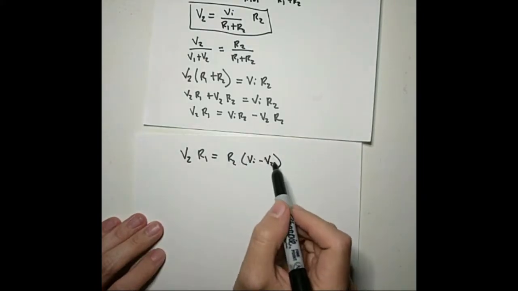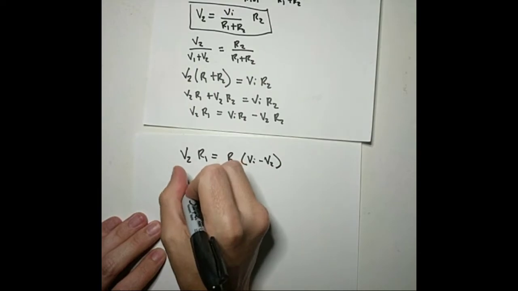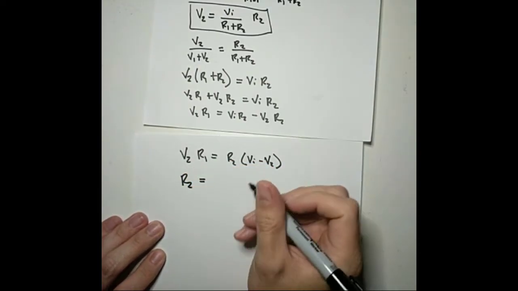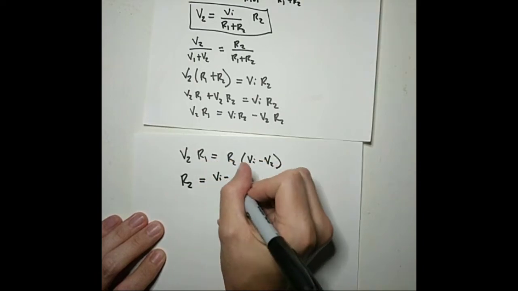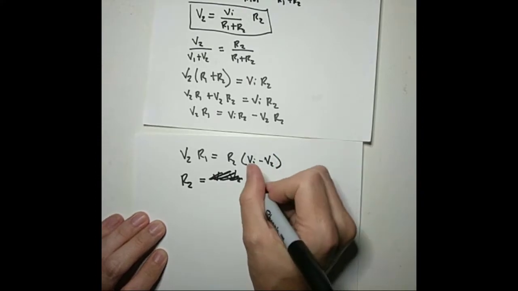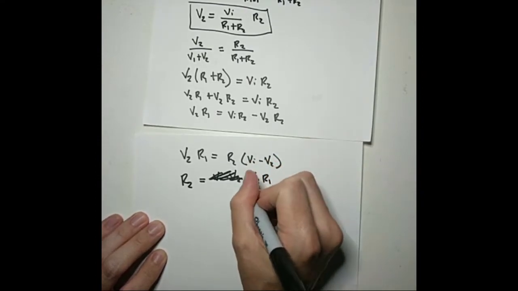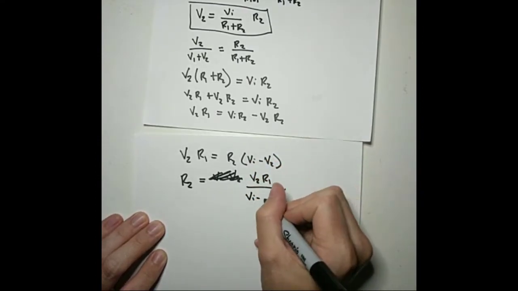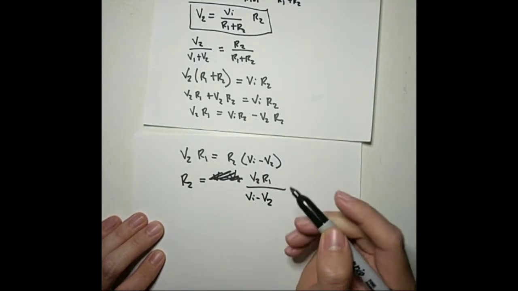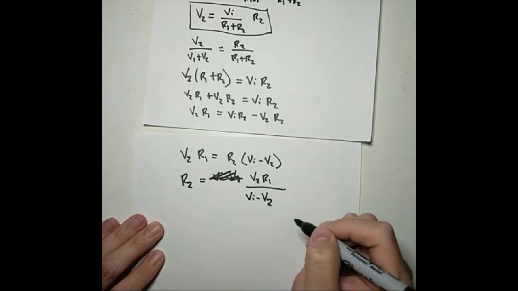So now if I just bring this term over, I've got an equation that is R2 equals something. And that is V2R1 over VI minus V2.